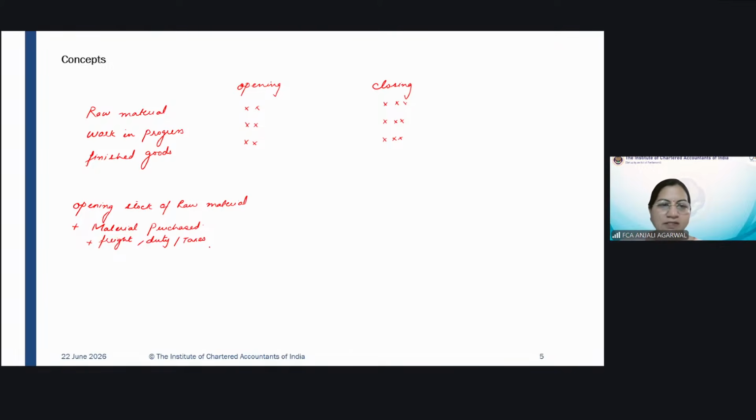Any rebates or discounts that are deducted should be subtracted from this. So you add the material purchased and you subtract the closing stock of raw material.